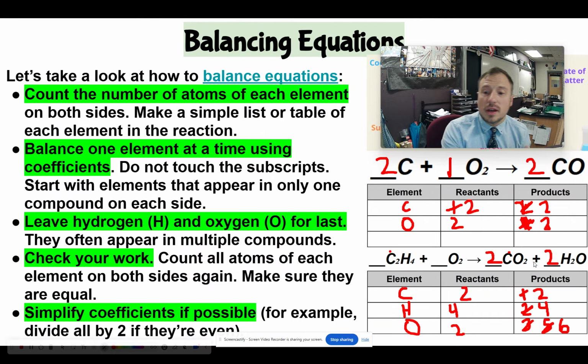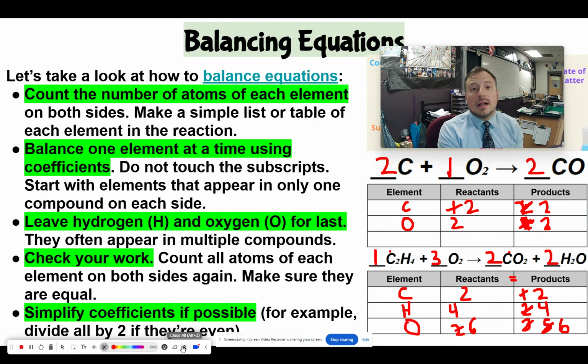It affected both of them. And this is going to be a 1 here. Now it works out because the oxygens are even, all I have to do is save my oxygens for last, because it's a diatomic element. I can put a 3 here, and now 3 times 2 is 6. So all of these, I'm just going to put an equal sign there. That's how you balance chemical equations.